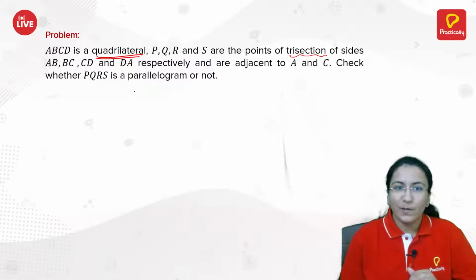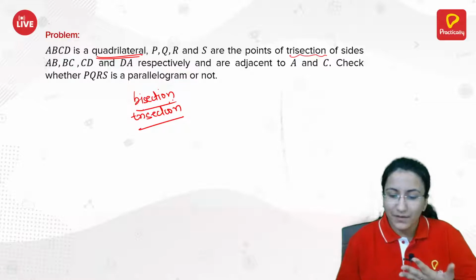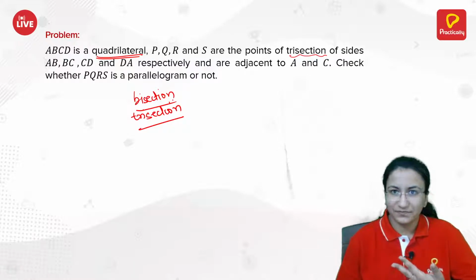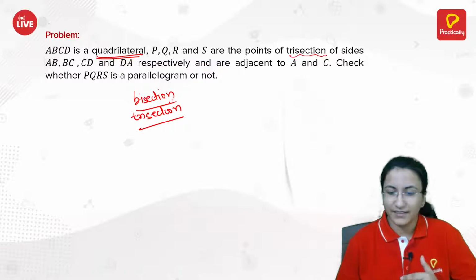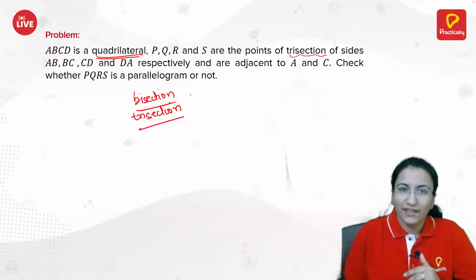You might know something about bisection. One word is bisection and one word is trisection, which is most commonly used. What is meant by trisection? Anyone from the chat section who can answer?